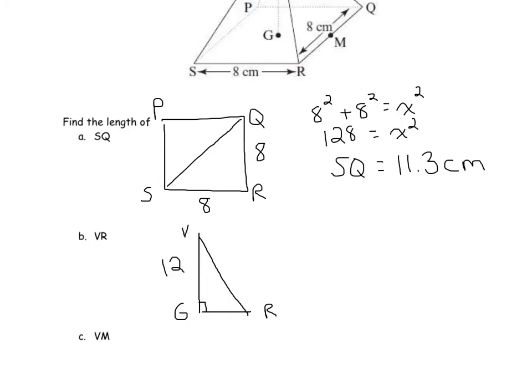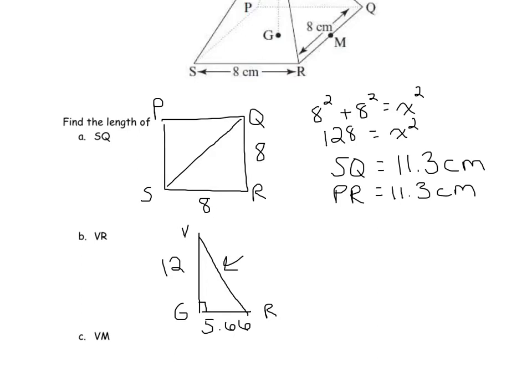oh, we got a little bit of work to do, don't we? Let's see. This is half of the diagonal. Oh, wait, wasn't SQ a diagonal? So PR, since these are the same lengths, PR is going to be the same length as SQ. And if G to R is halfway, then it's going to be half of PR. So GR is going to be 5.66.